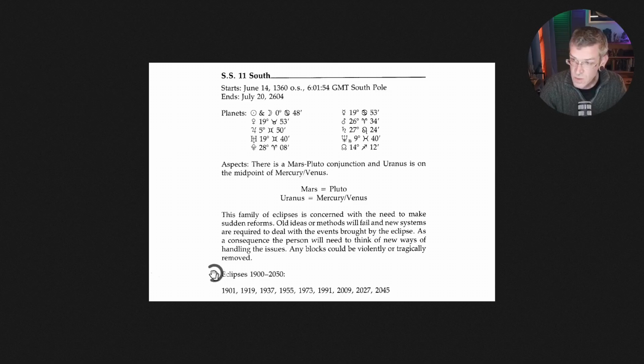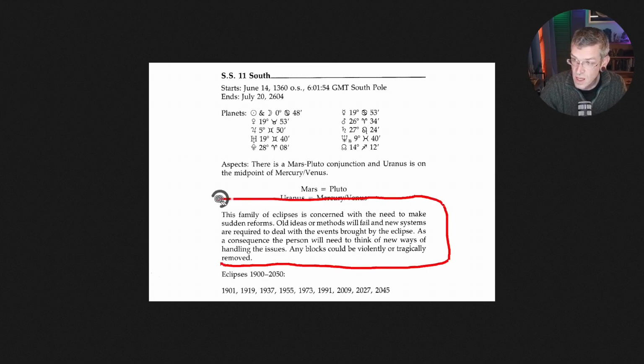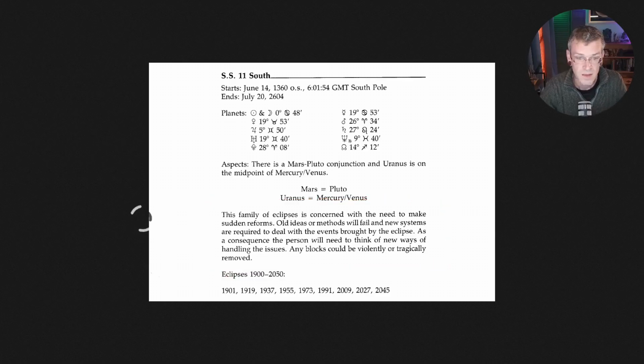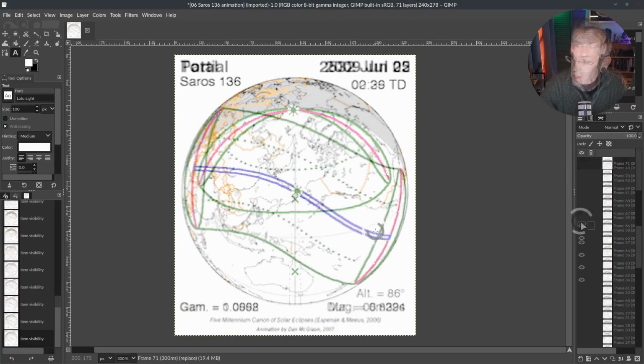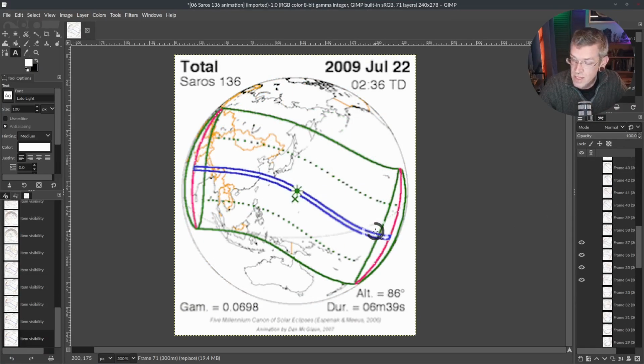And here, when we consider Brady's prognosis, let's take a look at the charts themselves. So Brady says upheaval, violent change.